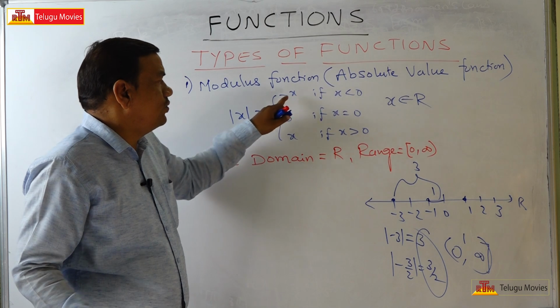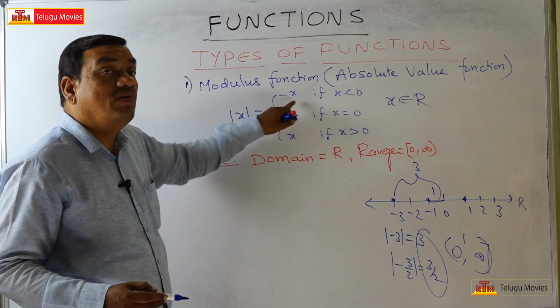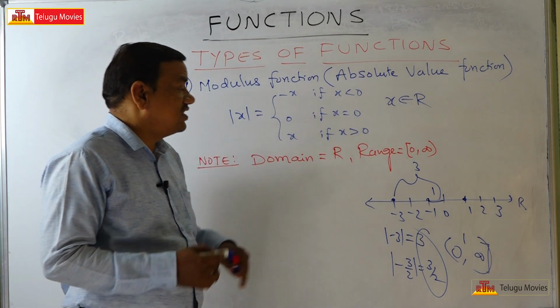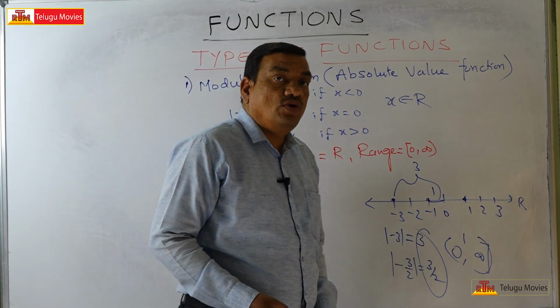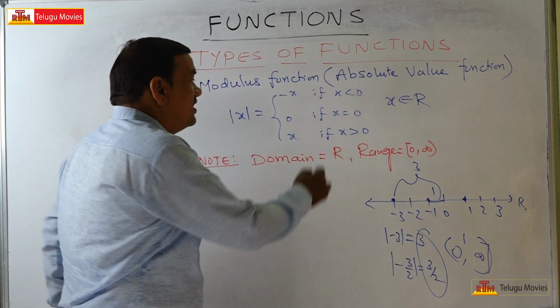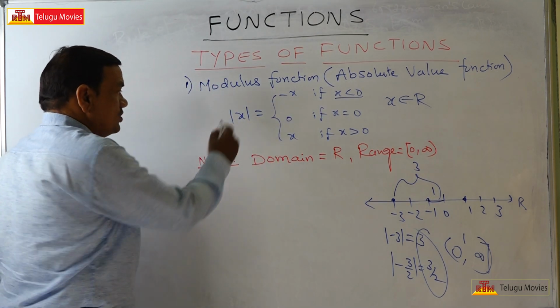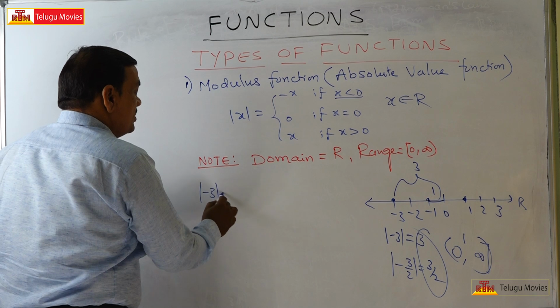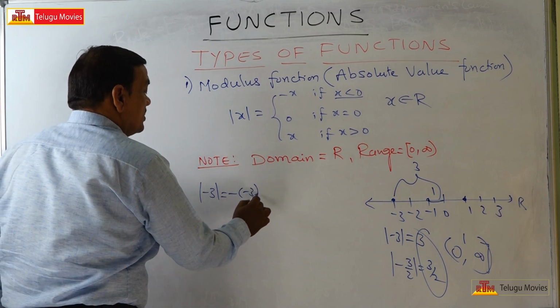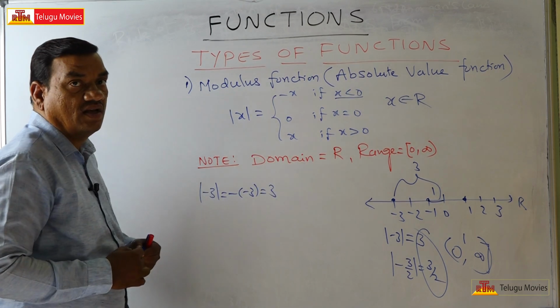If it is negative, the modulus of x is equal to -x. Don't get confused here. You may ask, sir, you are saying all positive values only. But here -x, where x is already negative, negative of negative will become positive. That is, modulus of -3 is equal to minus of -3, which is 3. Understand?